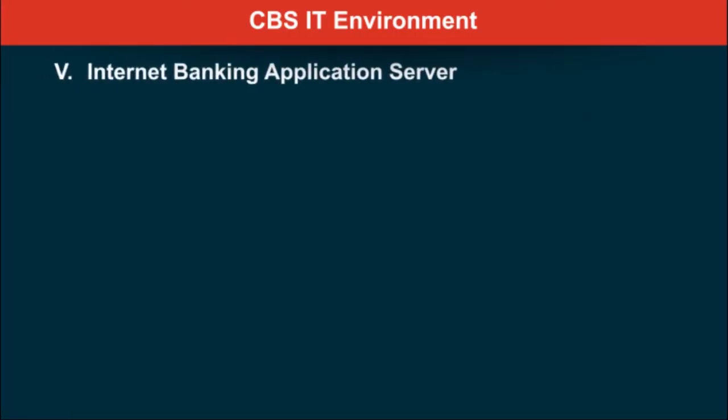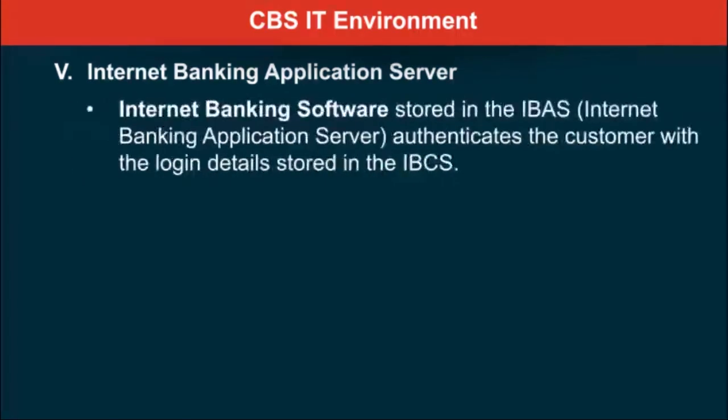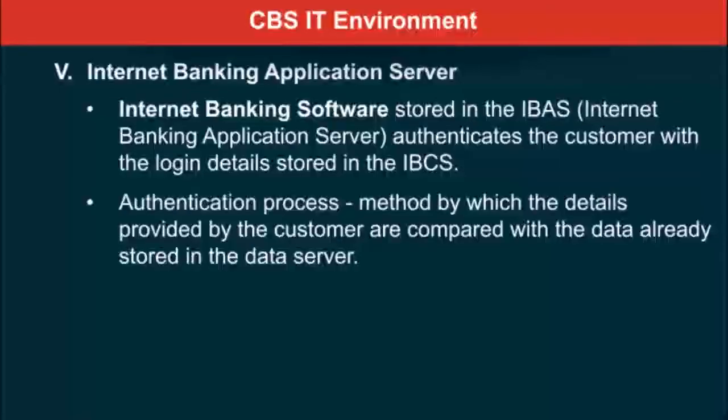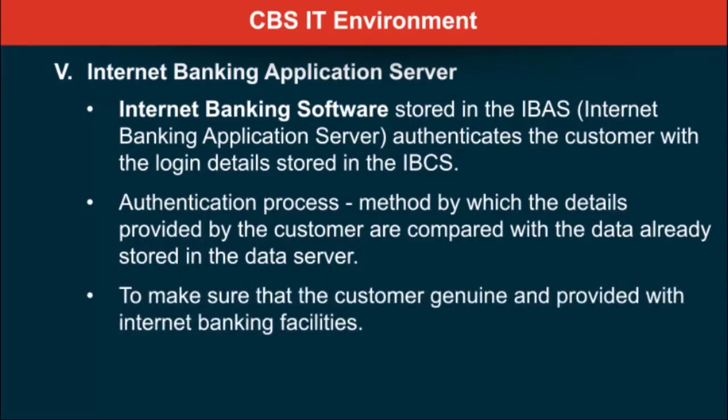Then you have the internet banking application server. The channel is the route through which you go, and the banking application server is the one which will connect to your database center. It authenticates a customer with the login details, and once the authentication process is over, it checks whether the customer is genuine or not, and then provides the internet banking facilities.